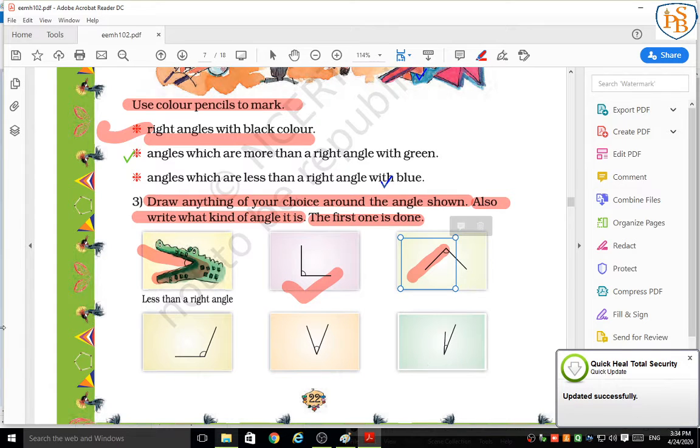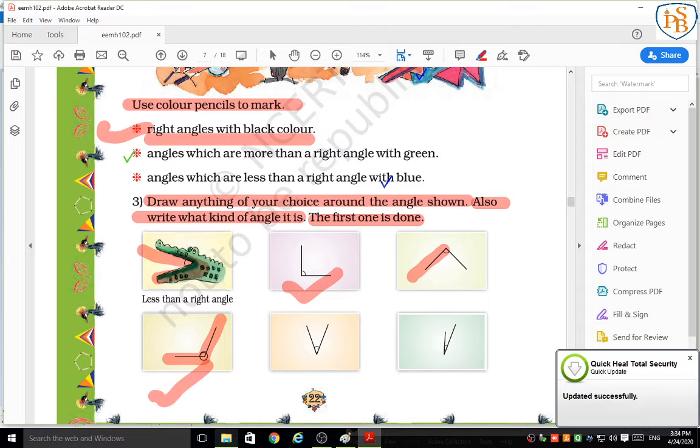Yes, you all have to write the name of the angle. Like here, this is more than 90 degrees, correct? So you have to write what kind of angle it is, and as well as you have to draw some pictures.